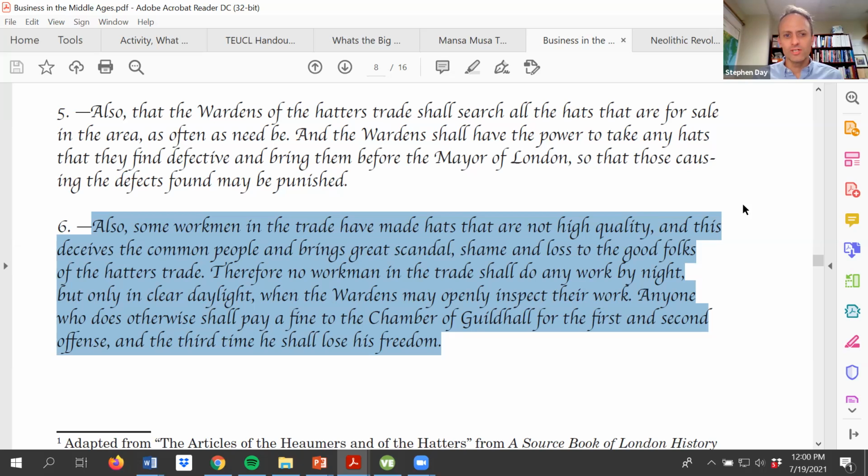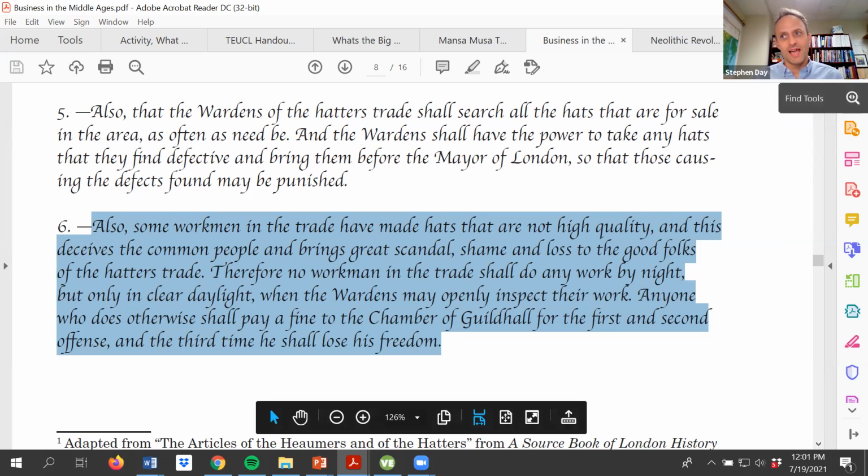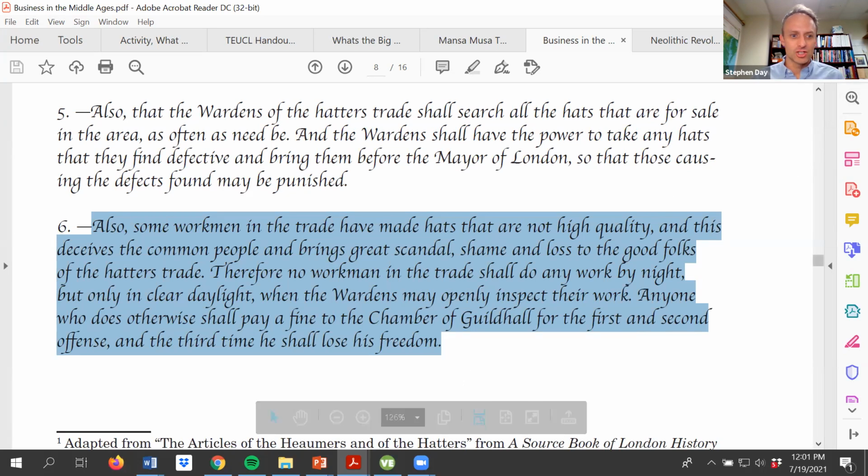Yeah, and actually, there are a lot of connections to this today. And I think it might start to become a little bit clear here. How much of a problem is it that there needs to be a nationwide guild that makes sure that hats are up to quality?